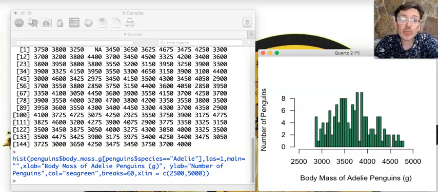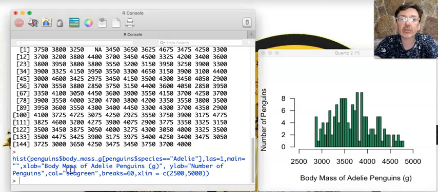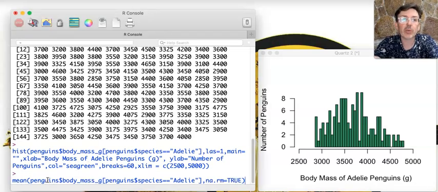Now there's a lot of things we might want to do with this data set. We might want to figure out what is the mean of this sample. What is the mean body mass of the Adelie penguins? And for this, I'm going to use my mean function. My data that I'm interested in is the same as before, and I've added na.rm equals TRUE.